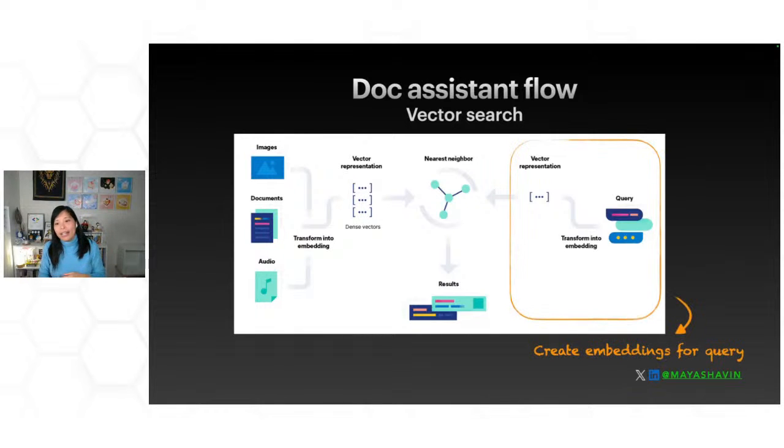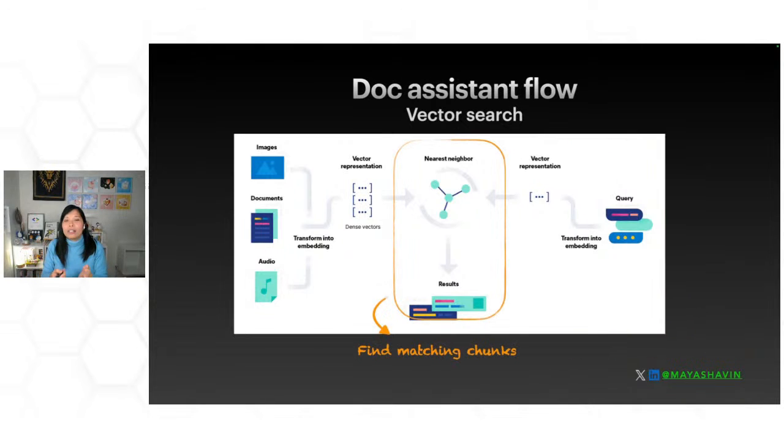Okay, so how does this fit into the vector search flow? Creating embeddings for the query fits into this flow on the right side, where you can see that we get the query, transform it into an embedding, and get the representation. Then the search algorithm, or a smart search service like AI Search, can compare it and find the matching chunks using different search algorithms, such as k nearest neighbor or others.